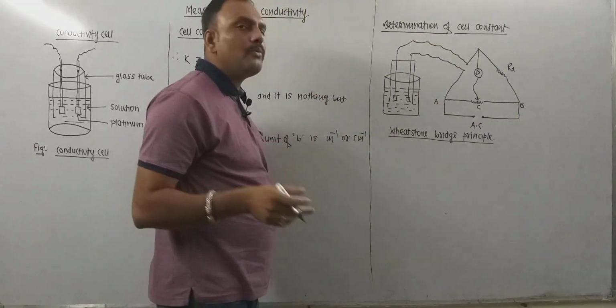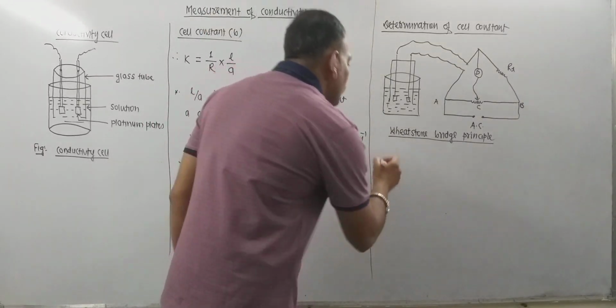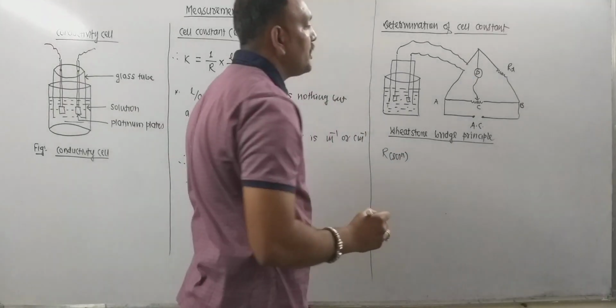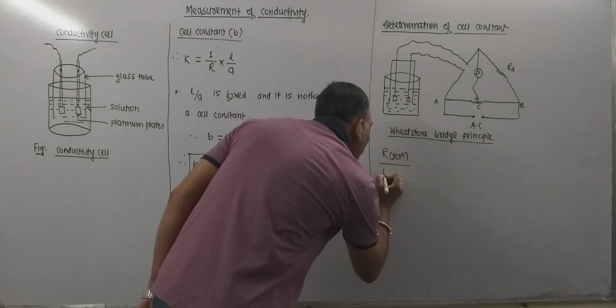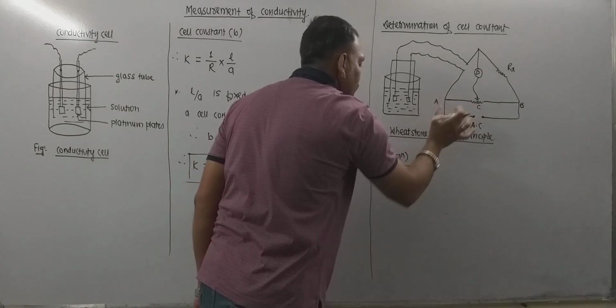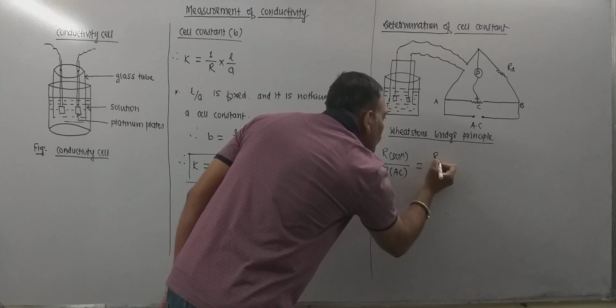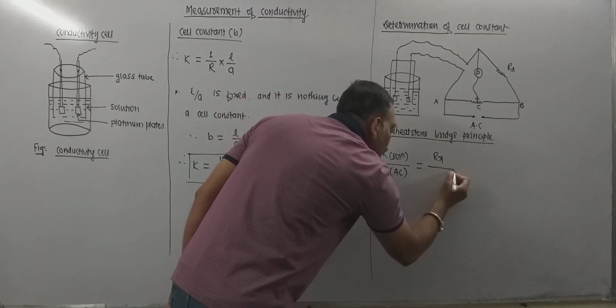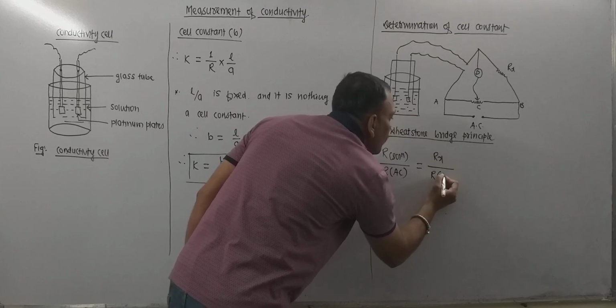Now we know very well that the resistance of solution upon the resistance of AC, that is this much length, is equal to the known adjustable resistance, that is Rx, upon the resistance of what?